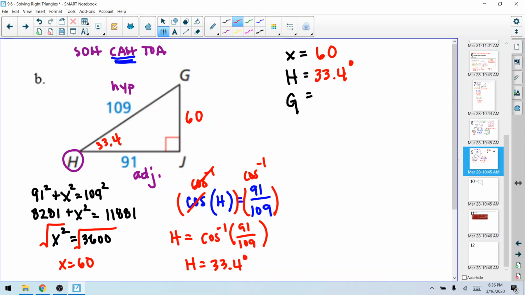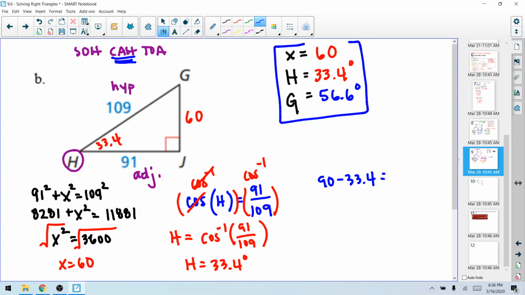Last but not least, we need to find angle G. So I'm going to do the same thing that I did before. I'm going to take 90 degrees and subtract 33.4. That gives me 56.6, which is my last angle, and we're done.